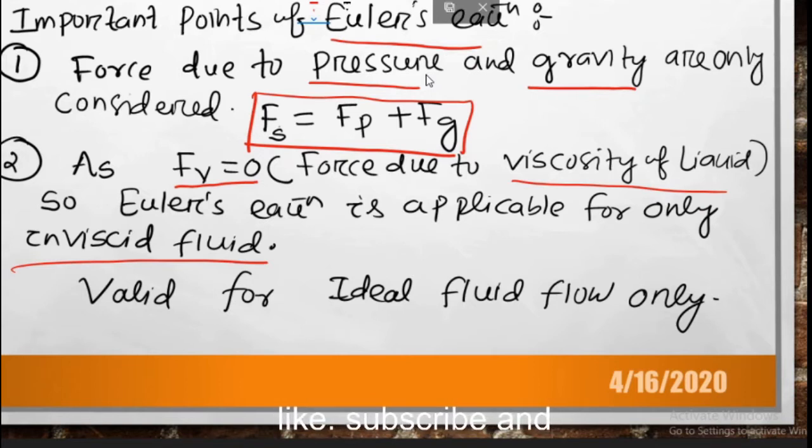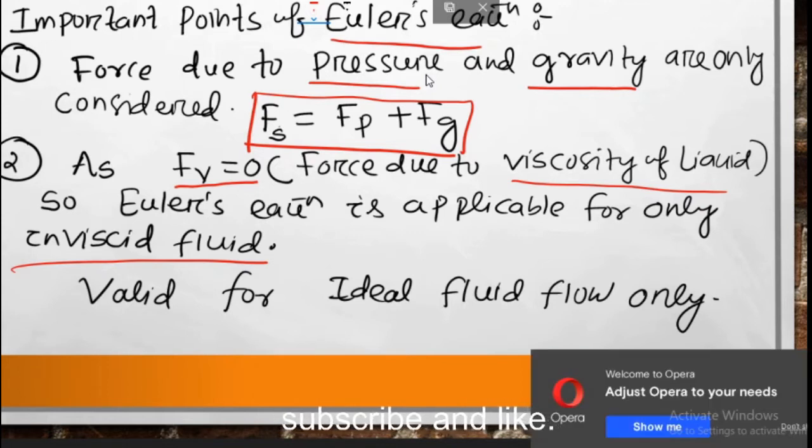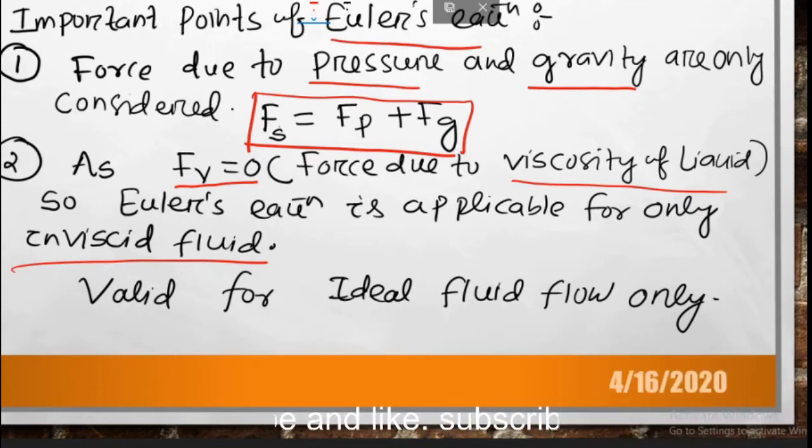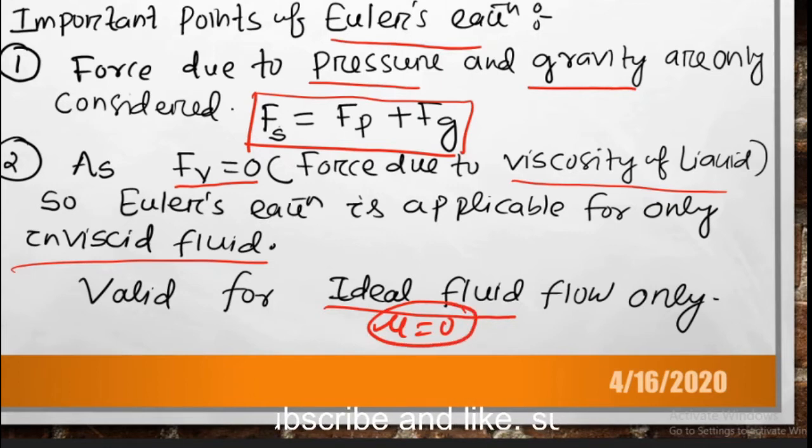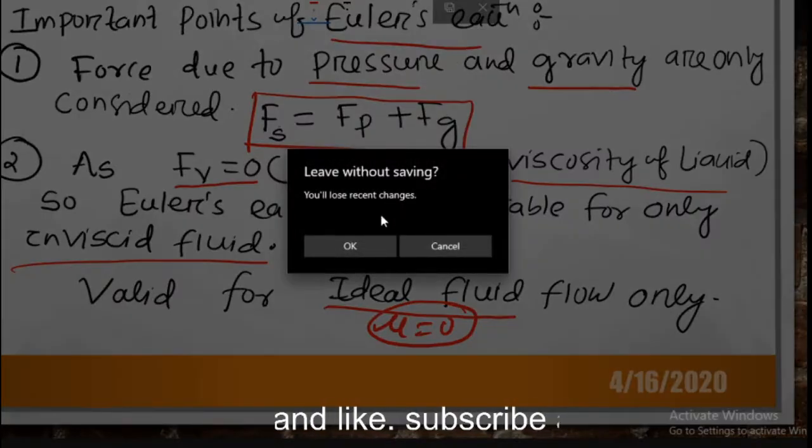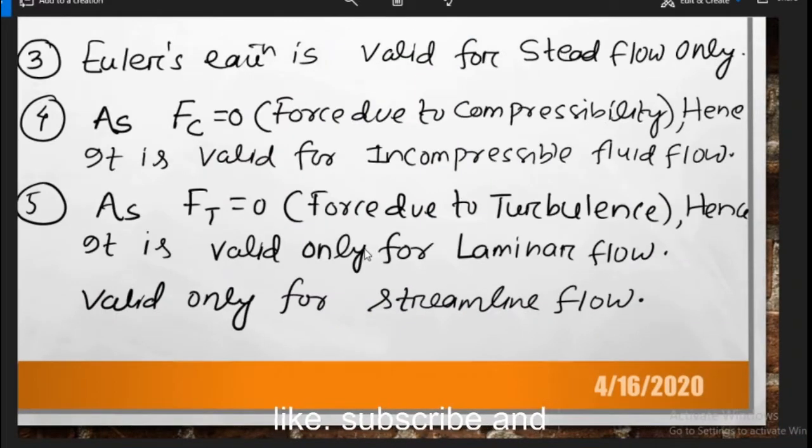Means it is generally applicable for ideal fluid flow. Ideal fluid means whose viscosity is equal to 0. So for ideal fluid only the Euler equation is applicable.